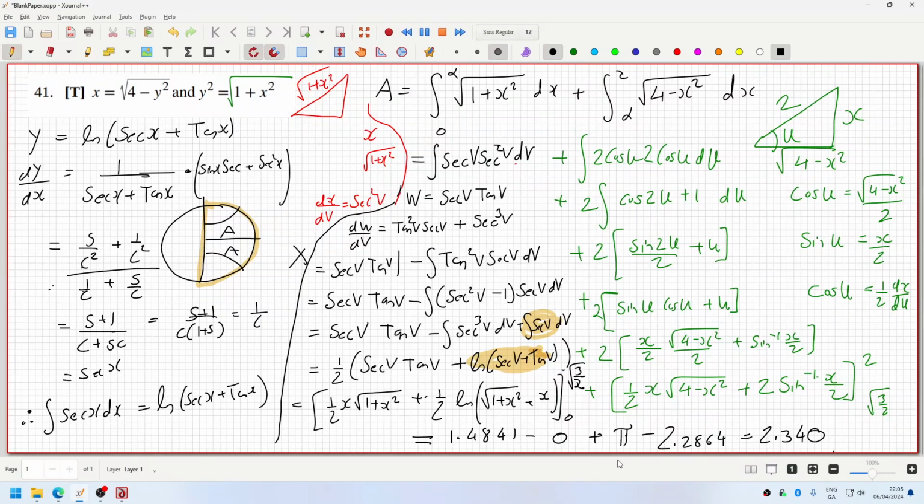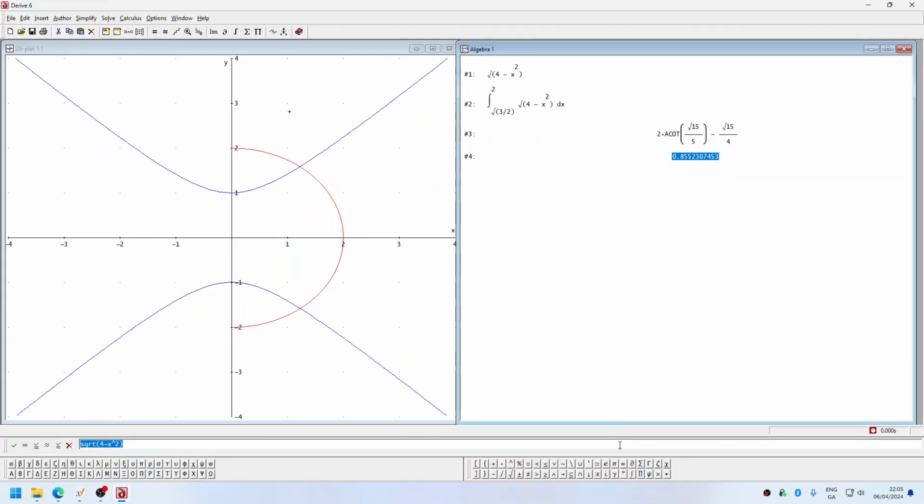Zero point 0.85. Yeah, okay, good. Right, so that's good to know that that's right. So it must be a problem with the other one. Surprising.